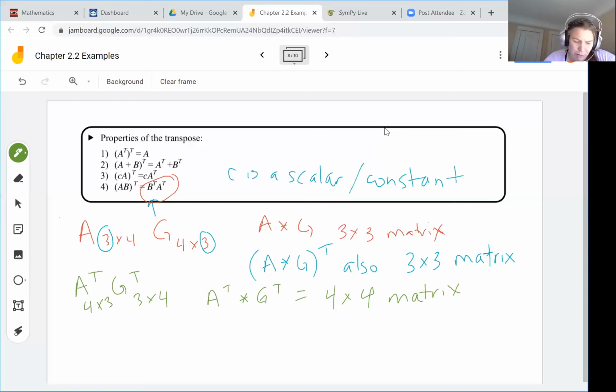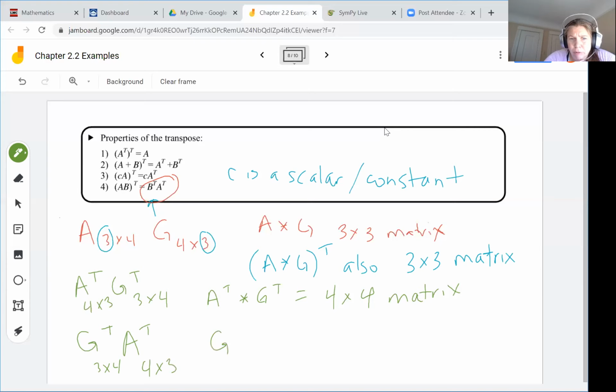So you can see just from the dimension analysis that dimensions-wise, to get all the pieces in the right spot to multiply to end up with a matrix that's equivalent to A times B, then transposed, you have to have the second matrix transpose multiplied by the first matrix transpose, because G transpose times A transpose will be a 3x4 matrix times a 4x3 matrix.